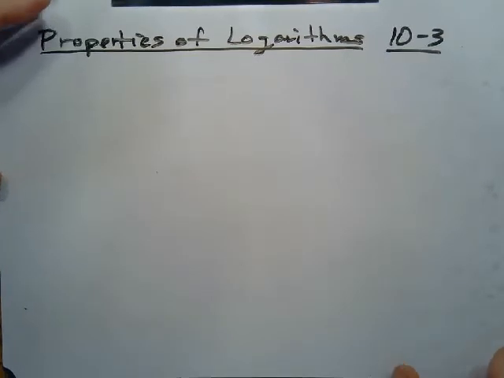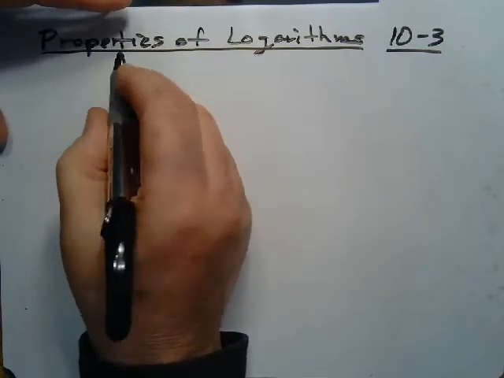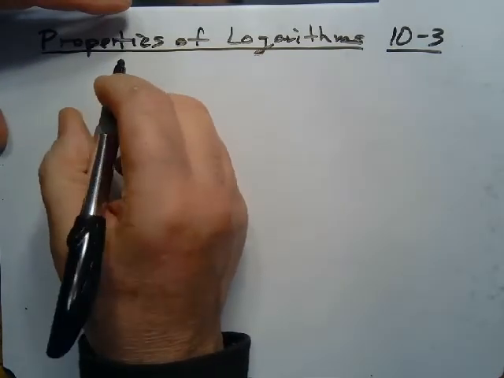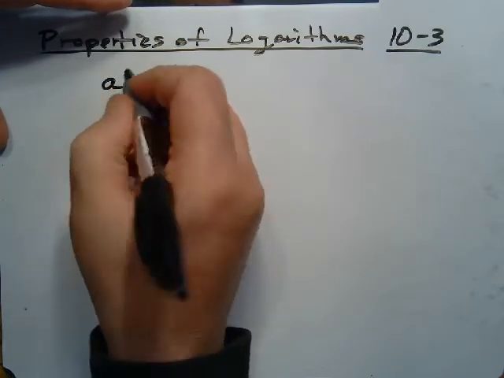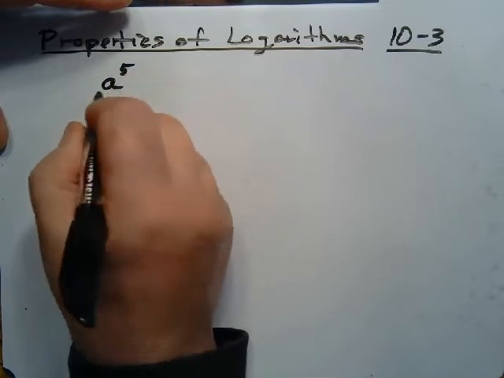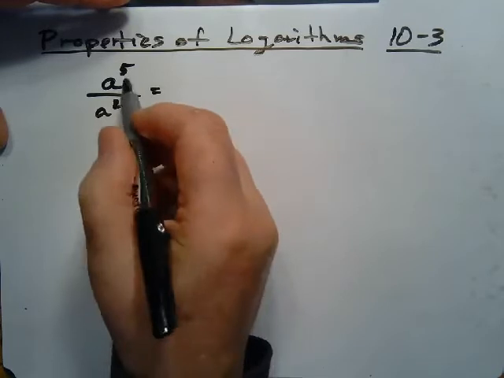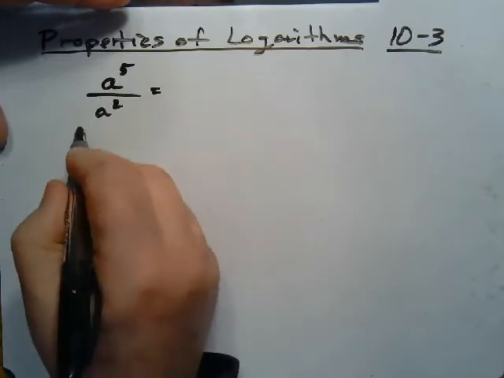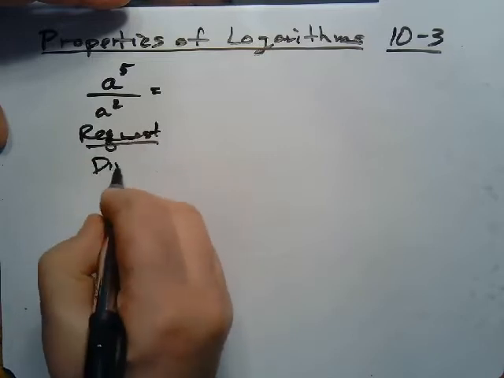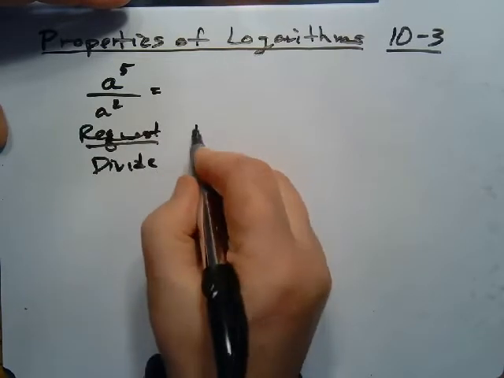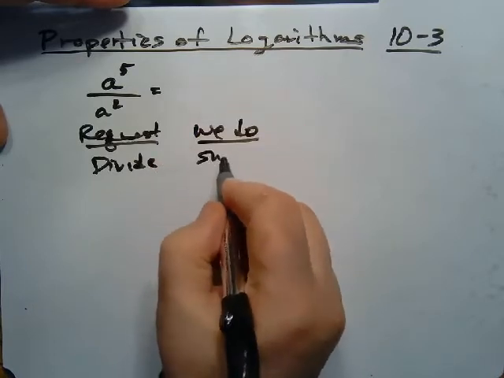Now the next property of logarithms, we'll continue to come back and review that, is the property of division. Well, in the exponent world, if we had something like a to the 5 divided by a to the 2, we say, if our request is to divide, what we do is we find ourselves subtracting the exponents.